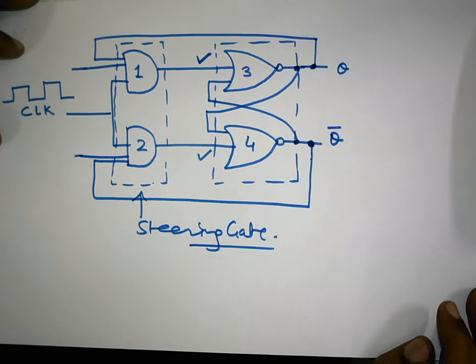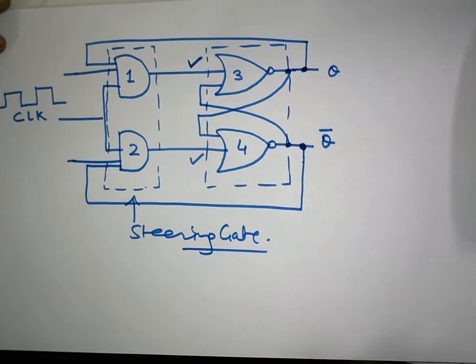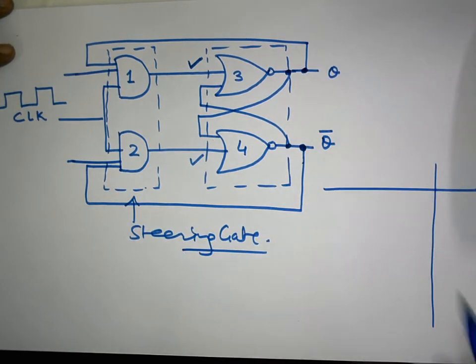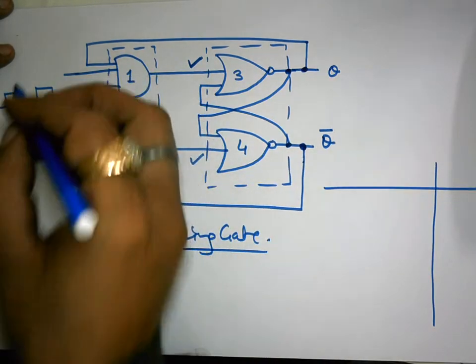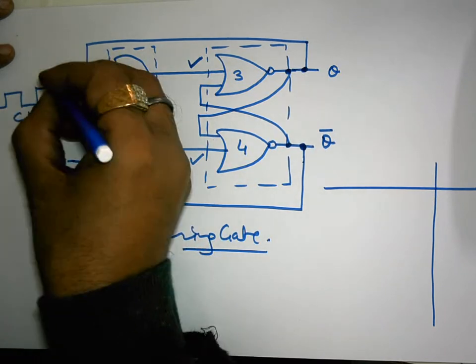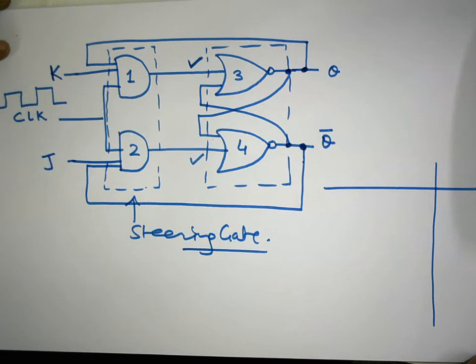Okay. Now you see what will happen in different input output situations. I am drawing different input output situations. Let us name the inputs randomly, like J and K. Why they are named so, it will be clear to you later on.